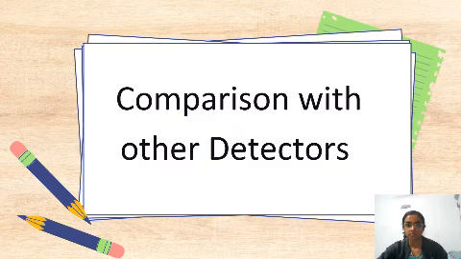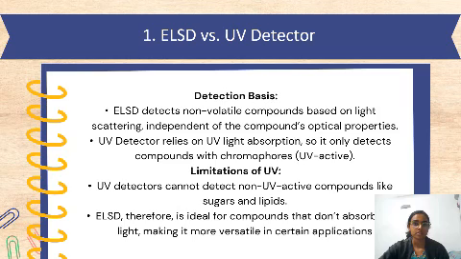Let's see the comparison with other detectors. First one is ELSD versus UV detectors. In detection basis, ELSD detects non-volatile compounds based on light scattering, independent of the compound's optical properties. The UV detector relies on UV light absorption, so it only detects compounds with chromophores, UV actives.